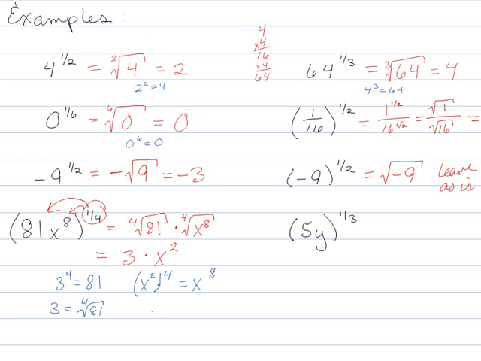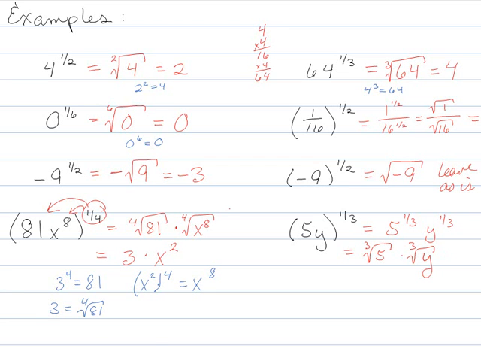And this one over here I don't think we can actually do much with. I just wanted you to recognize that it would be written like this: the cube root of 5 times the cube root of y.